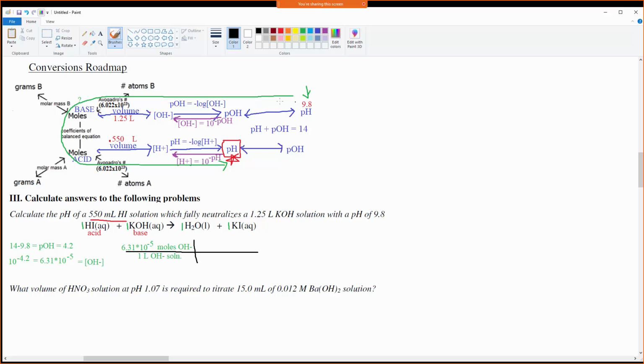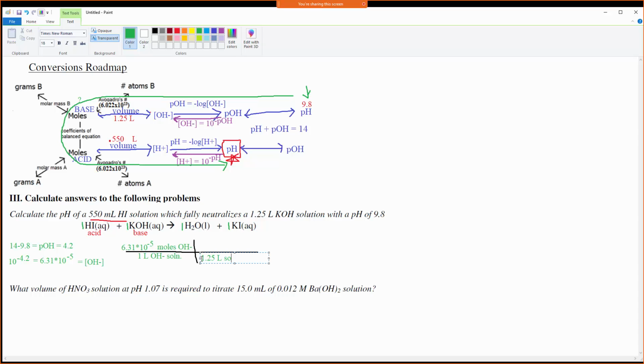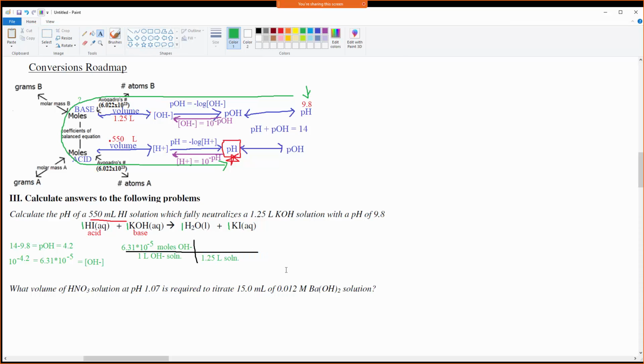I found the pOH, got the OH minus, I am here. What shall I do next? Divide by the volume, 1.25 liters, okay? Right there? All right, and my liters, let's see, here we go. Now what do I do next?